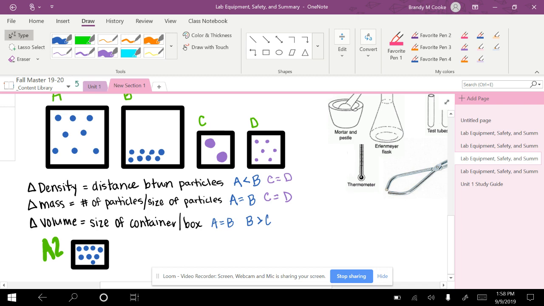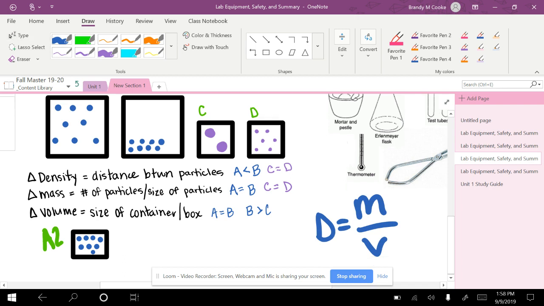And now we can say, comparing A to B, that perhaps those are the same density, even though each box has a separate volume. B is a much bigger volume than A is. And so the particle diagrams really make the formula itself, D equals M over V, more of a visual understanding.